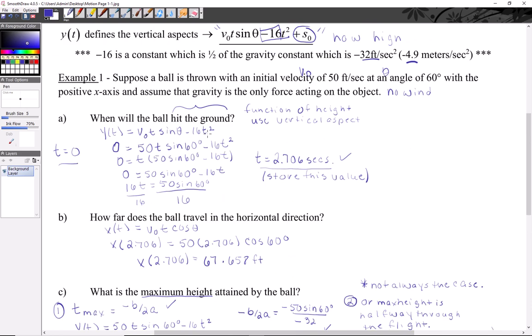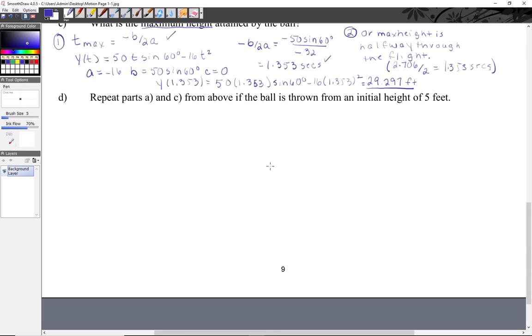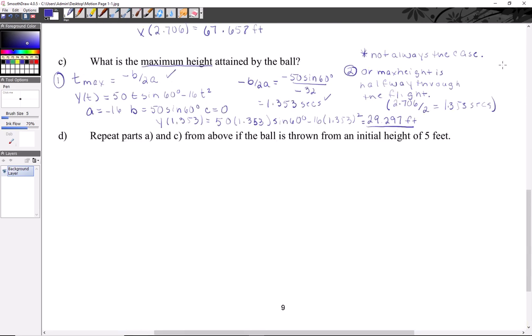Now, we would be sort of remiss if we just left it at this and didn't do one more example, because up here, when will the ball hit the ground, we did not have an initial height. So we were able to easily factor through this in order to get the time. That's not always the case. If we do have an S0 value, then we're going to have to use the quadratic formula.